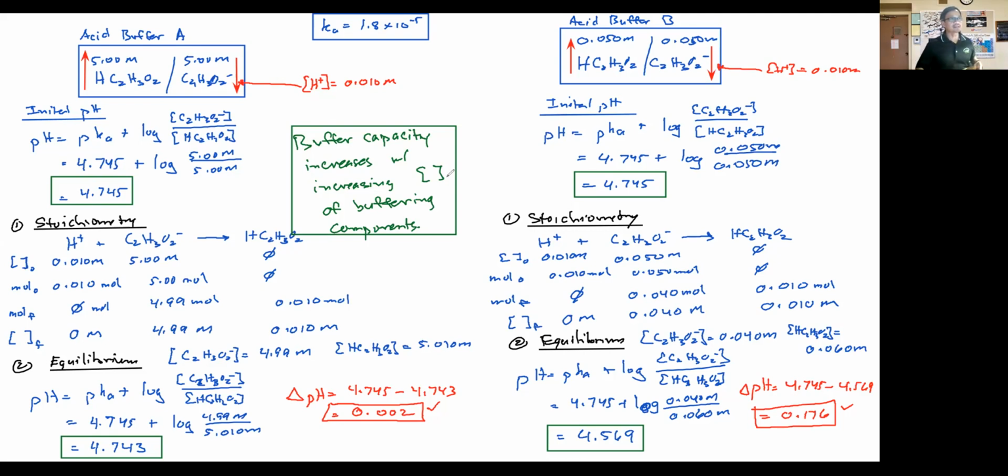I know we spent a lot of time on this problem, folks, but buffering capacity is a very important concept for you to wrap your mind around, because it is something that we have to consider in practice.